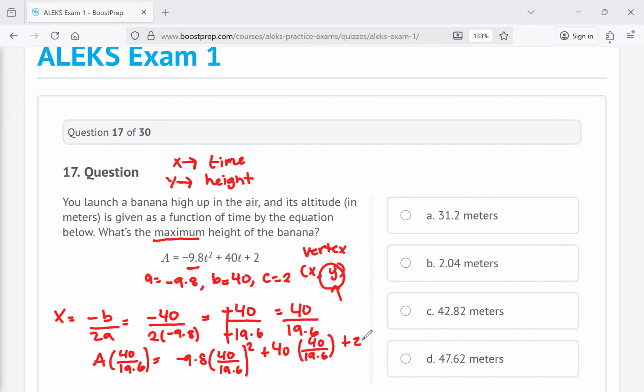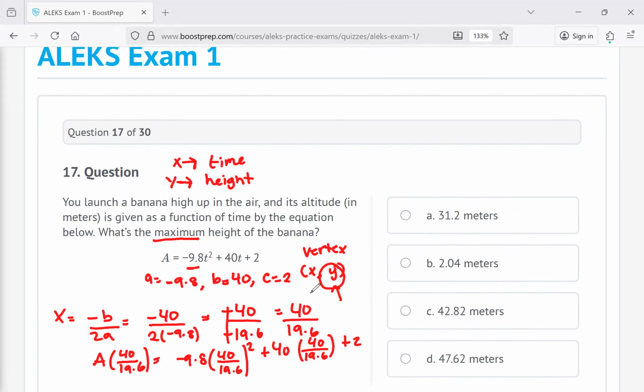When I did this one, it should spit out 42.82.